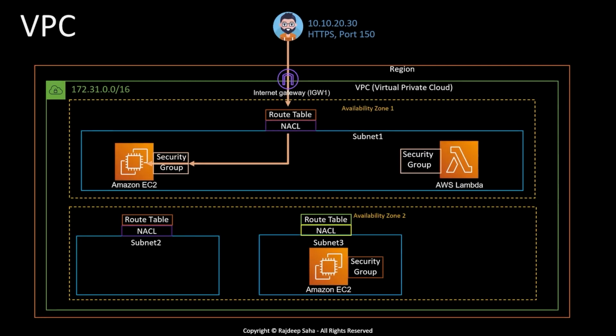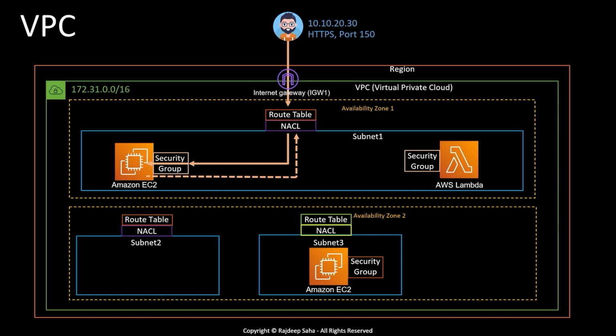All right, so going back, now the traffic reaches the EC2, and our user is expecting a response back. At this point, we know that security group is stateful, so it is not going to evaluate against those rules. The traffic was allowed to enter, so it will be allowed to exit irrespective of the outbound rules.